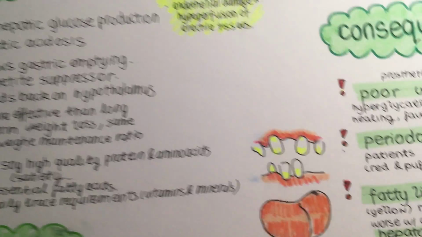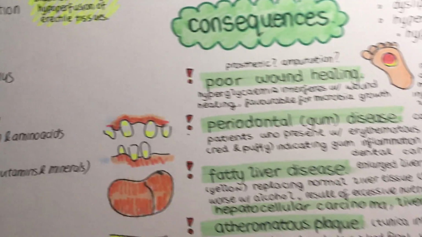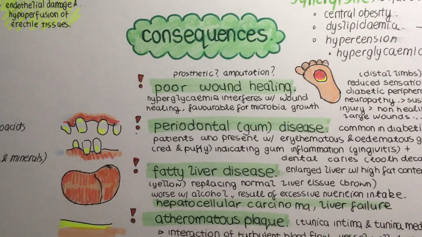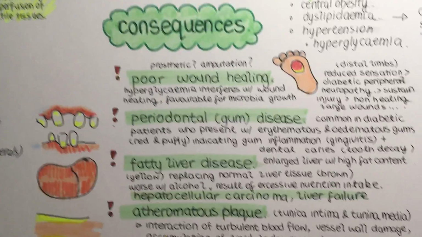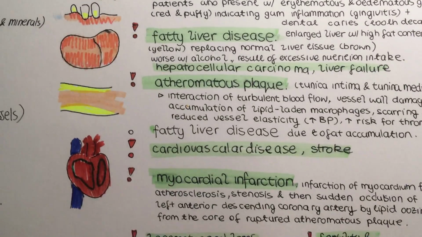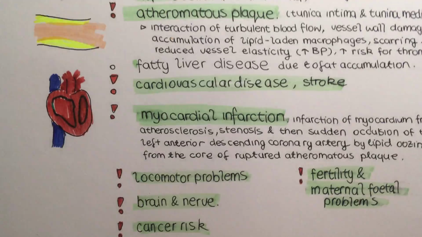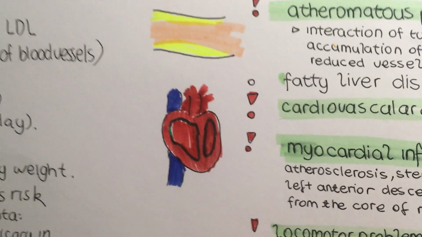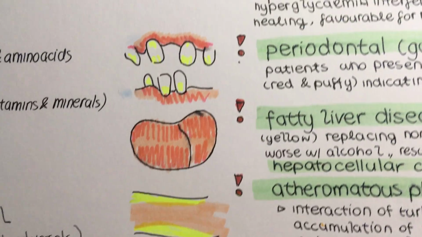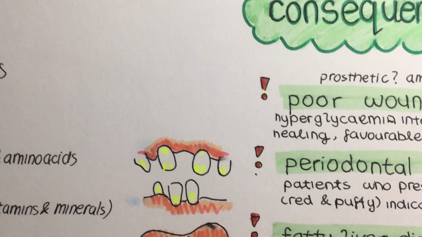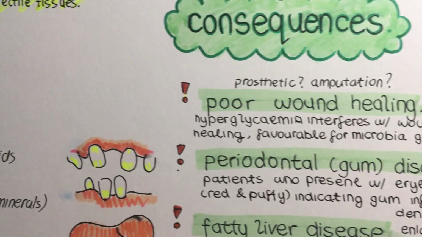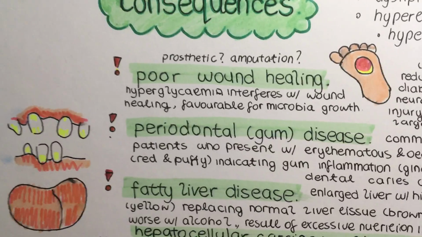Now, in terms of the clinical consequences of metabolic syndrome, there are numerous clinical complications ranging from the heart to blood vessels to the liver to poor gum health.